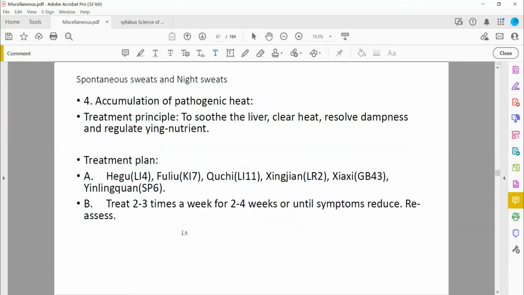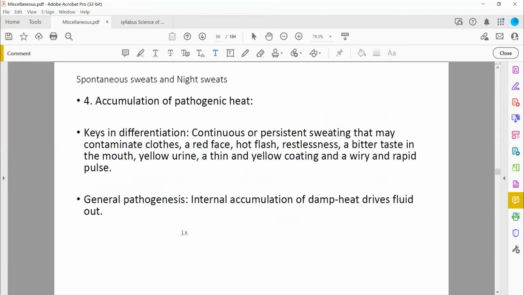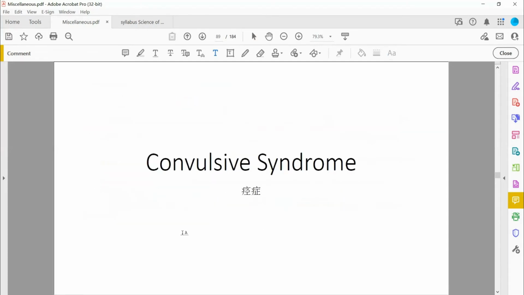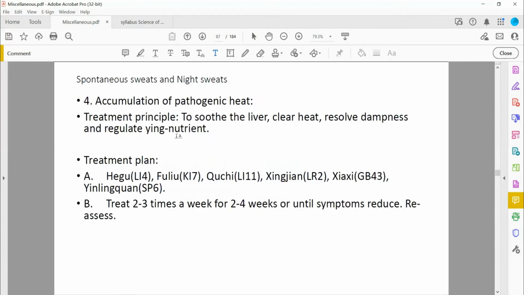Convulsive. We finished convulsive, right? Convulsive syndromes. Pathogenic heat still uses LI4, KI7 for the sweat.